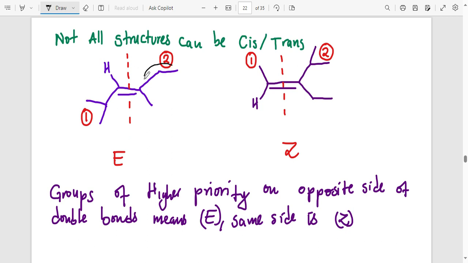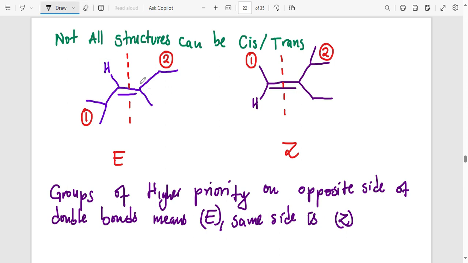And then you are going to see two groups on one end, and also two groups on the other. You can only determine EZ configuration if the molecule that you are talking about has got different things. If this was a hydrogen and then this group was also a hydrogen, you can't determine EZ configuration. You can only determine cis and trans.